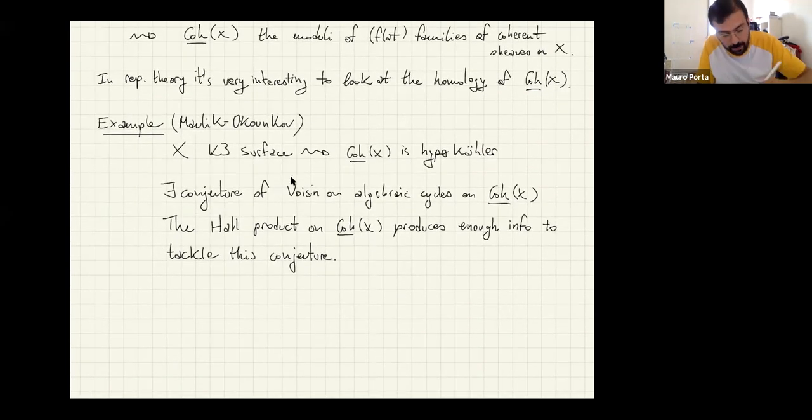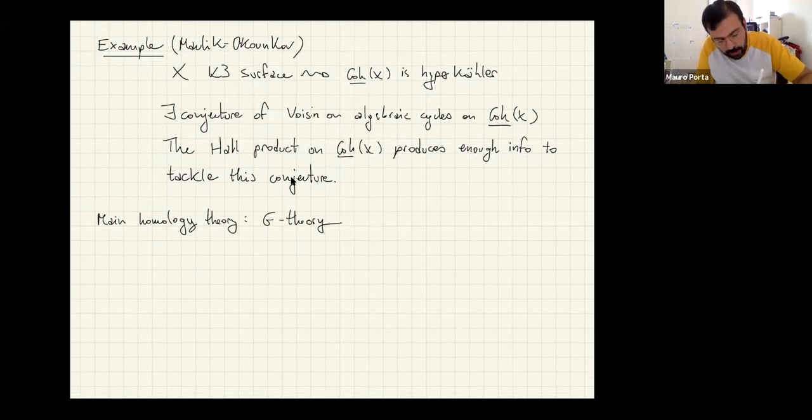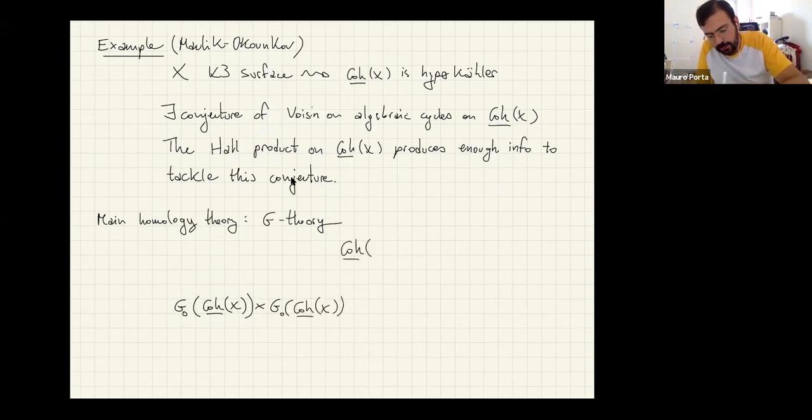And the main homology theory that we care about is G-theory, the Grothendieck group of coherent sheaves. So in the end, we're going to look at something like G of Coh, and we want to construct a Hall product. The idea is very simple. We construct it as an explicit push-pull correspondence.